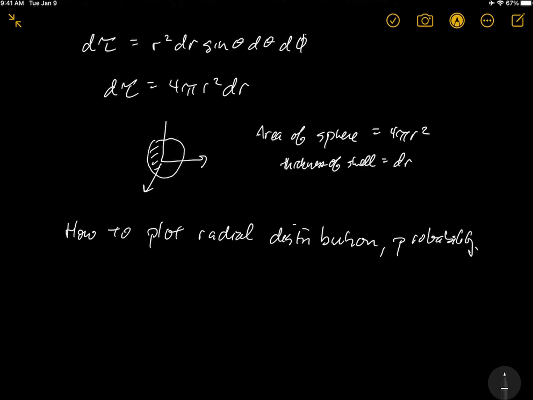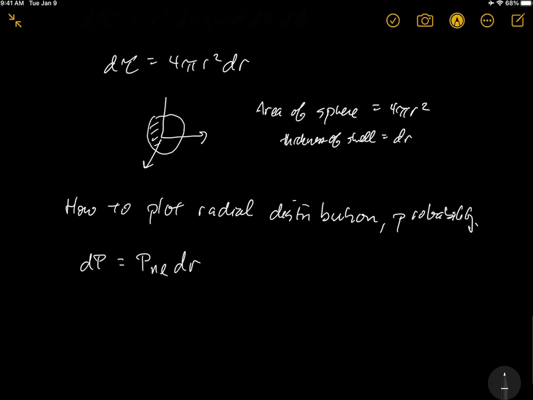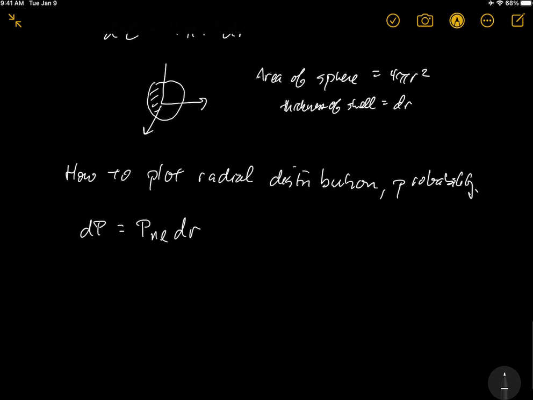So our differential probability is going to be equal to some function, say we'll call it P nl, times dr. We know probability is related to R nl, but we also have to take into account the Jacobian, and so it ends up being R nl squared times 4 pi r squared times dr.